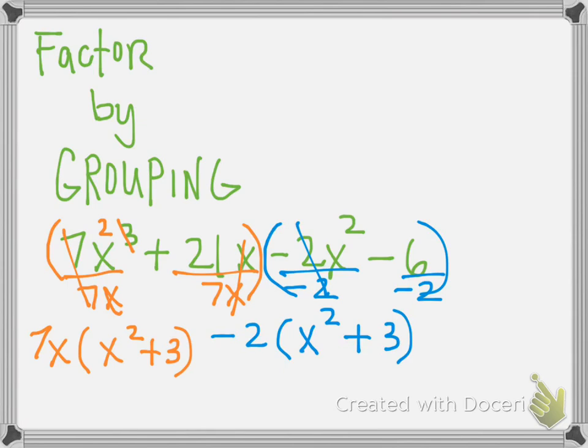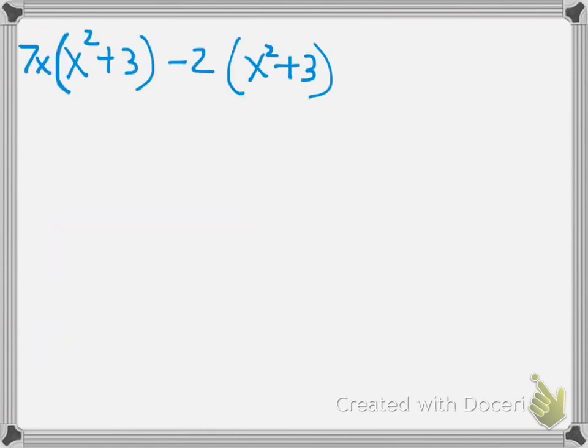I'll show you on the next page now. So now you have to remember, okay, this is what it looks like on the other page. But now you go, oh, look at that. These have this in common. So now I factor that out. X squared plus 3, I factor that out. Means I divide everything by it.